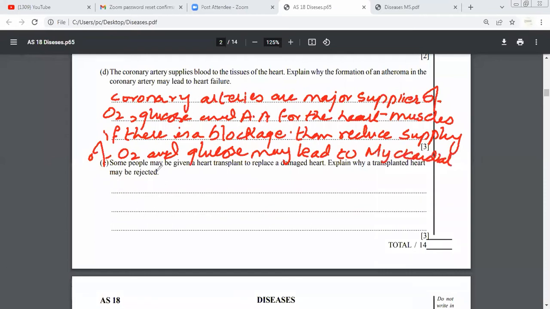Okay, another question is, some people may be given a heart transplant to replace the damaged heart. Explain why a transplant heart may be rejected.